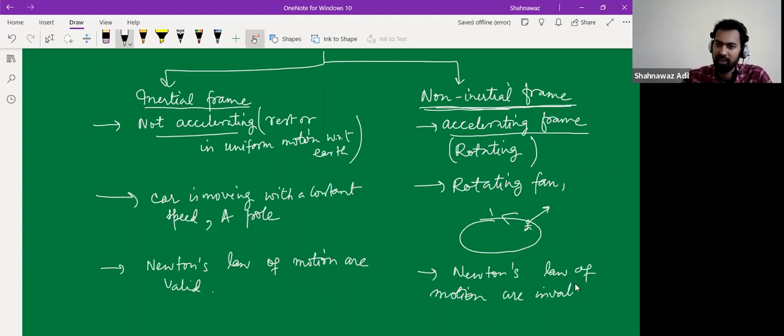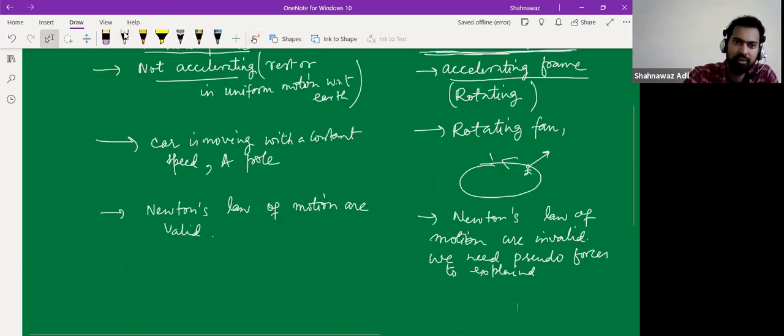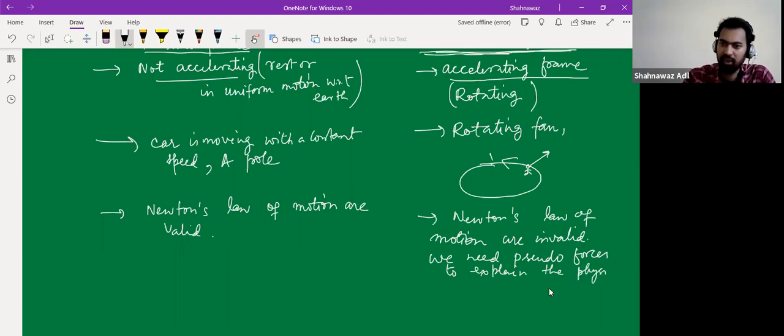And that is why we need pseudo forces to explain the physics behind it.